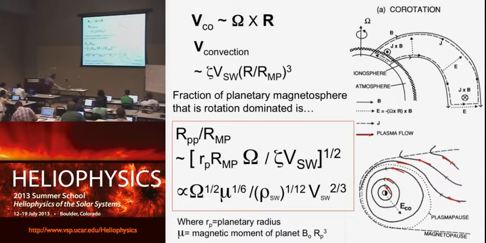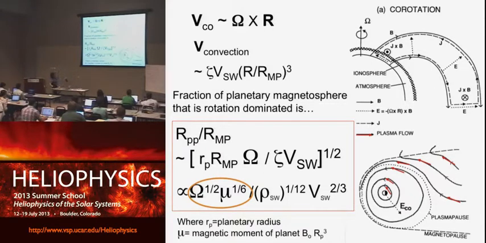But what's really important is these two quantities: the rotation rate, obviously, and mu here, which is the magnetic moment of the planet, which is really just B naught times the radius of the planet cubed, which is just a way of saying how strong the magnetic field is of the planet. Okay, there we are.